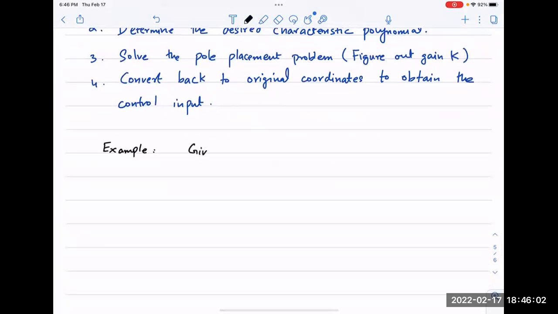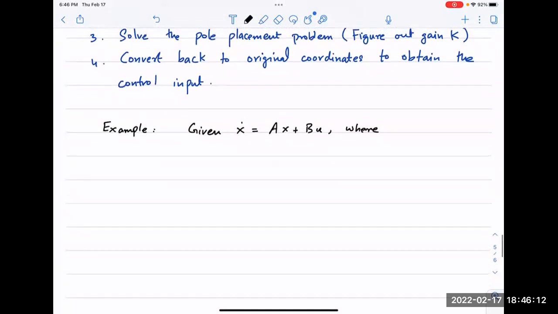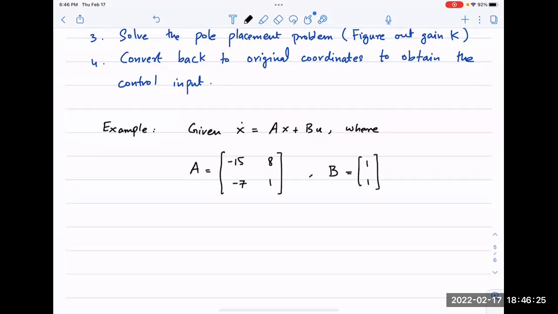We have a dynamical system x dot is Ax plus Bu, where the matrix A is [-15, 8; -7, 1], and the vector B is [1; 1].